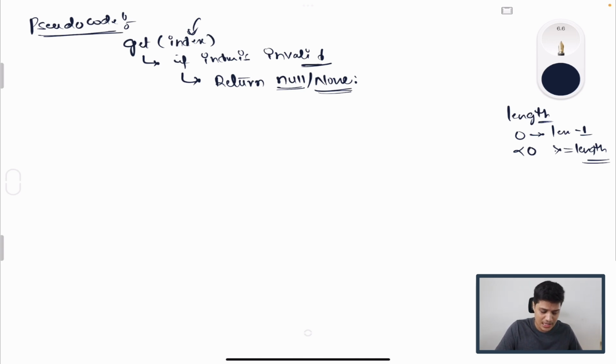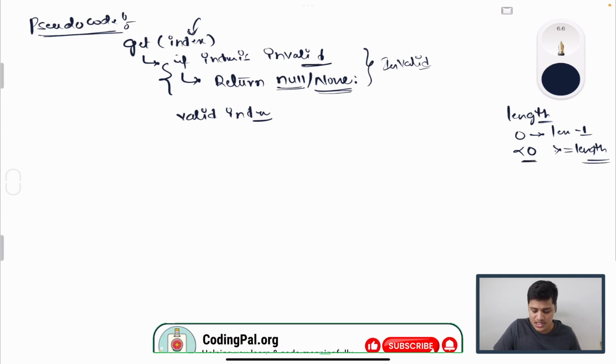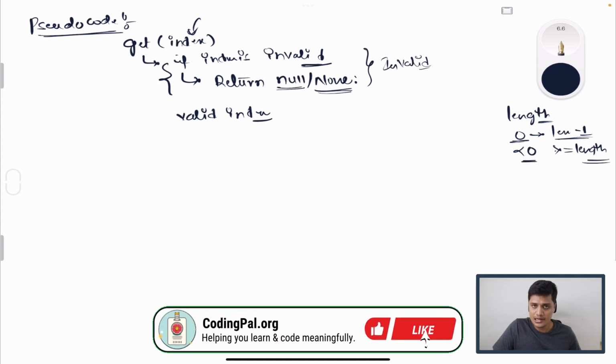Okay, so this is the case if the index is invalid. Okay, as part of the next scenario, we have to handle the valid indexes. So anything that is not falling onto the above range, that is, if the index is falling in the range of 0 till the length of the linked list minus 1, that user has given a valid index.